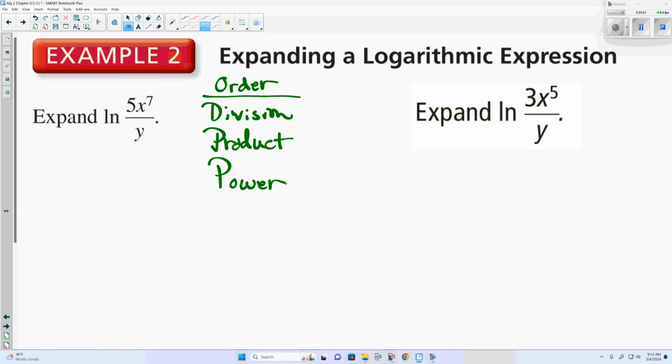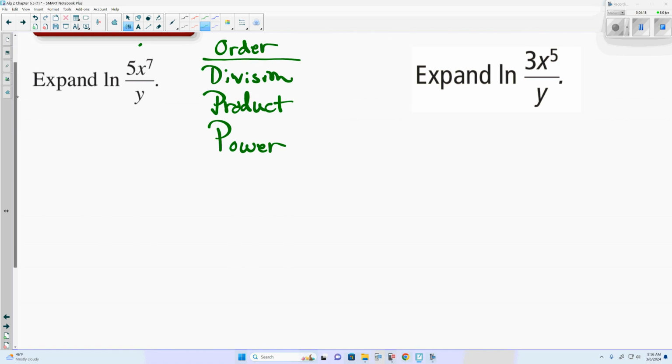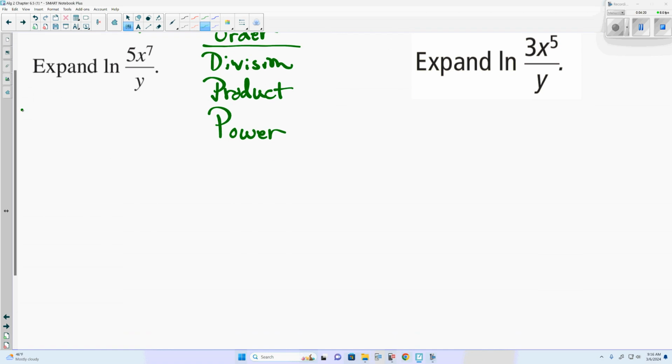We do division, product, power. Quotient property first, product, our multiplication property, second, and our power property is always last. Questions on this order?